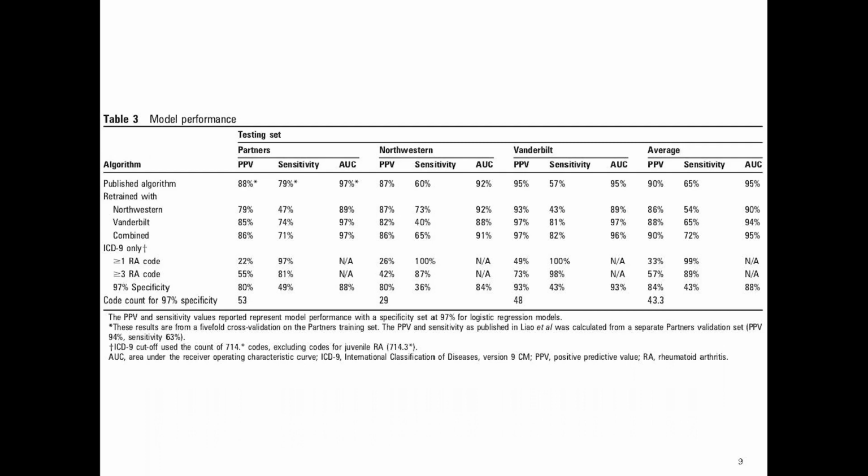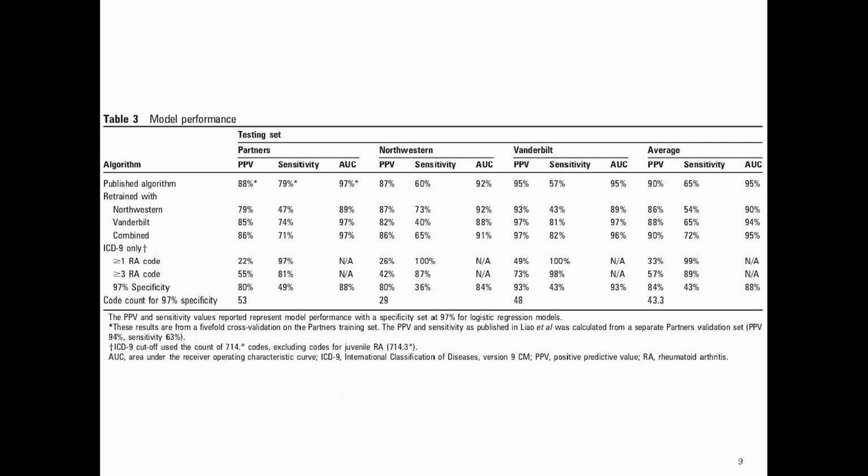Now, one thing that is worrisome is that the PPV of our algorithm on our data, the way they calculated PPV in this study, came in lower than the way we had done it when we first found it. There's a technical reason for it, but it's still disturbing that we're getting a different result.